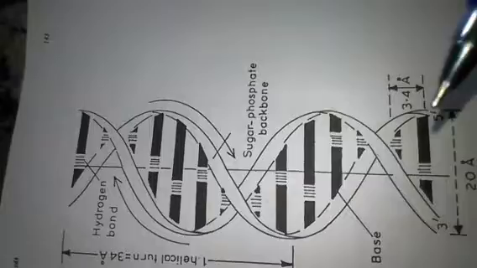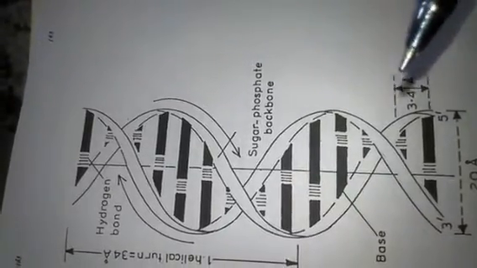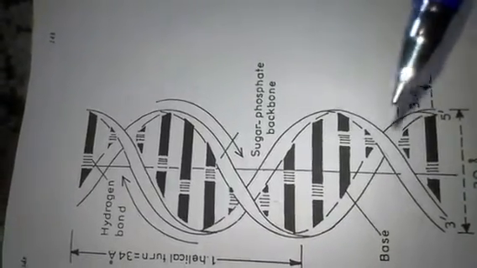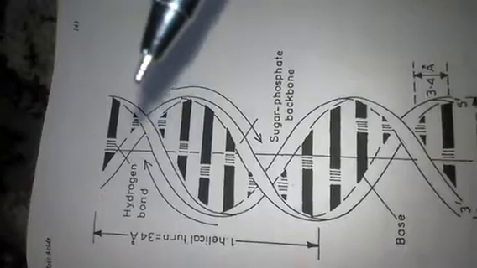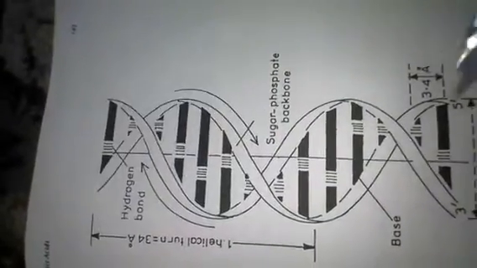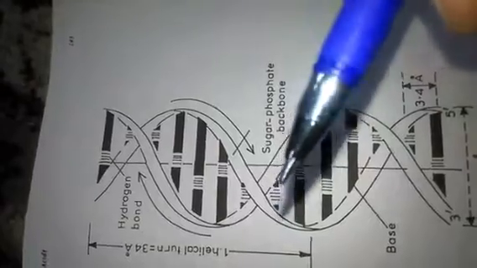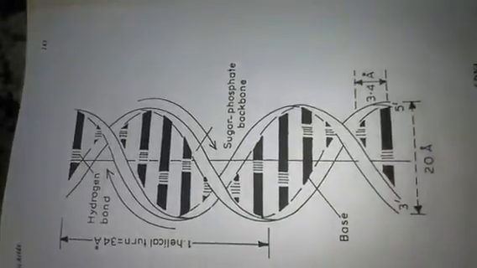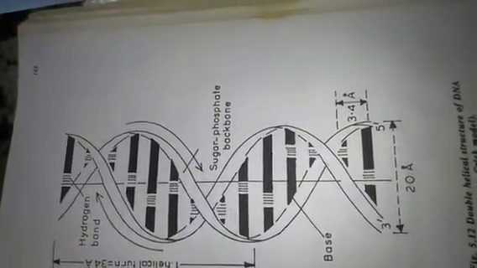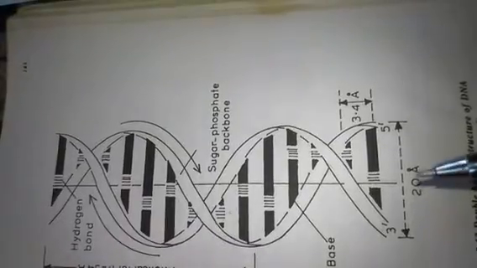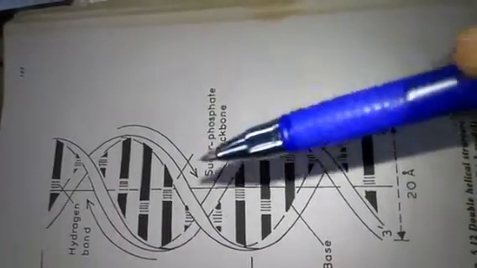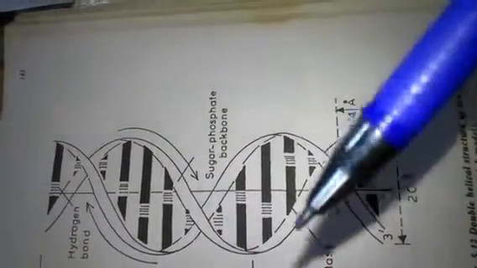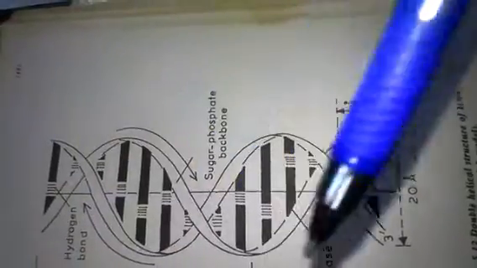Two successive base pairs are about 3.4 angstrom away from one another, one turn is about 34 angstrom, and there are about 10 base pairs in one turn. Here is the diameter, it is 20 angstrom, and these are antiparallel, meaning if one strand moves in the 3' to 5' direction, the other moves in the 5' to 3' direction. And these are also complementary strands.